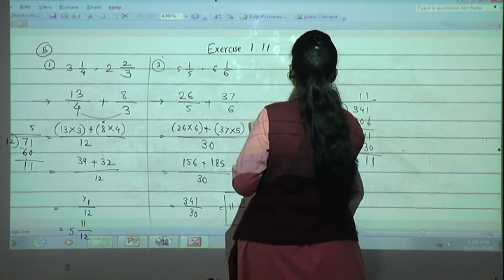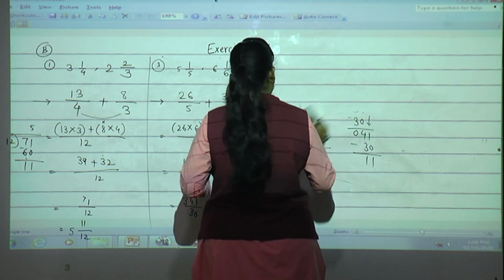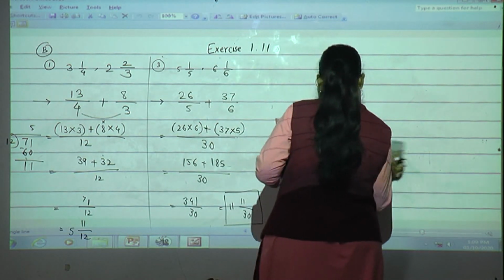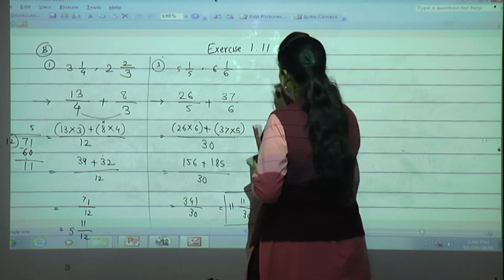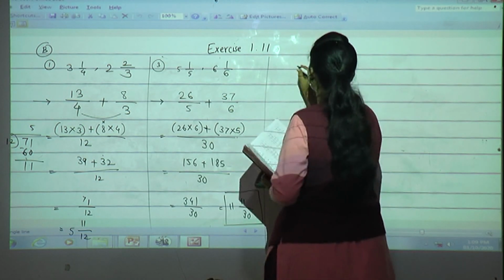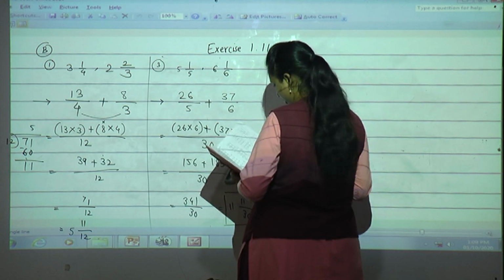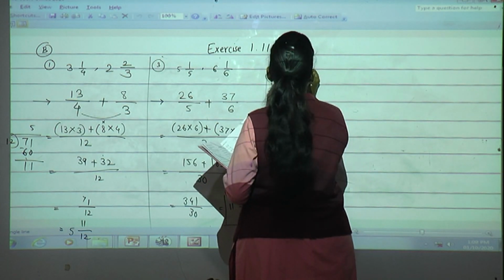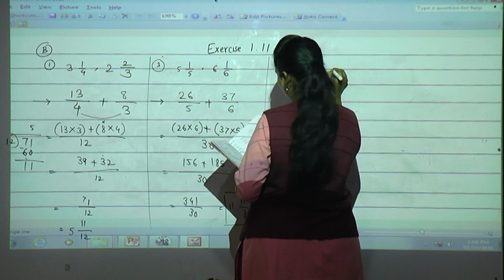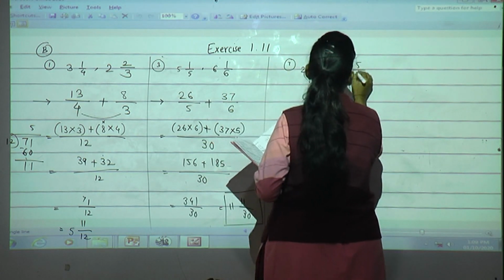I'll rub this rough work. Now the 7th one. 2 and 3 upon 4, comma, 1 and 5 upon 16.